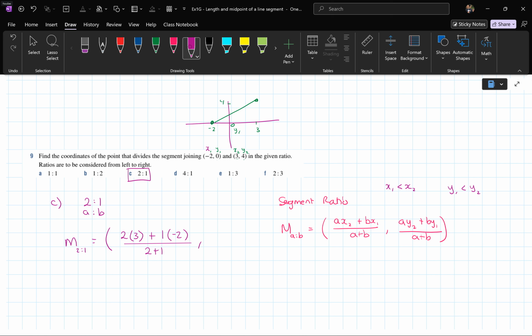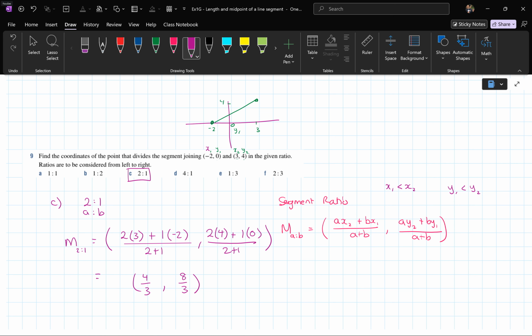And then I do the same thing. 2 times y2, y2 is 4, and then plus B, which was 1 times y1, which is 0, divided by 2 plus 1. So that would be the formula, and you would get 6 plus a -2, which is 4 on 3, and the other one is 8 plus 0, so 8 on 3.